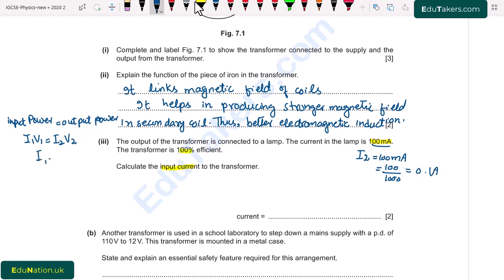So I am putting values here. I1 is equal to I2 V2 over V1. I2 is 0.1 multiplied by V2 is 2 over V1 is 12. After simplification I get 0.017 ampere. So the current in the input coil is 0.017 ampere.